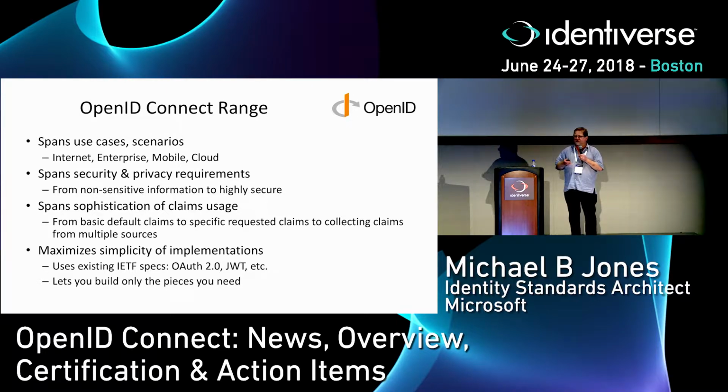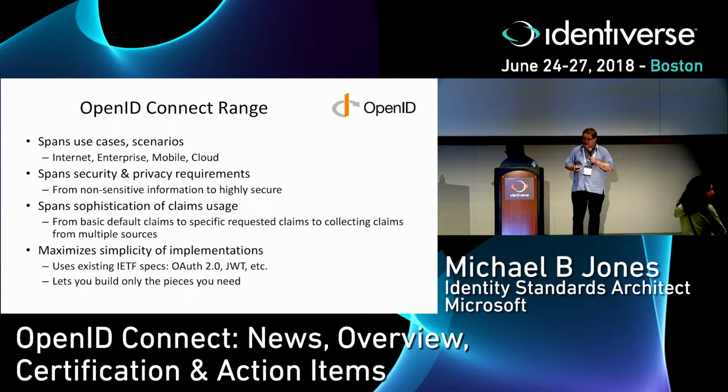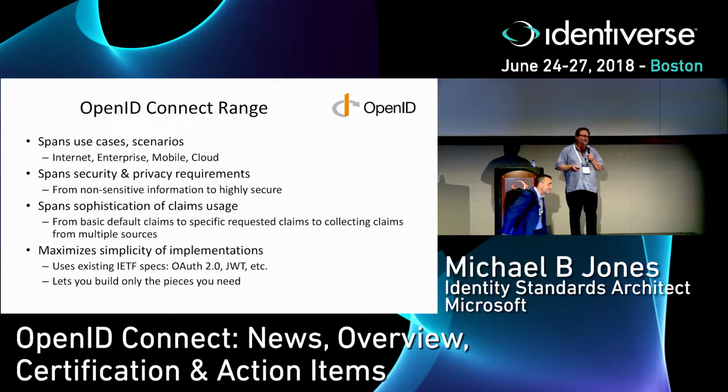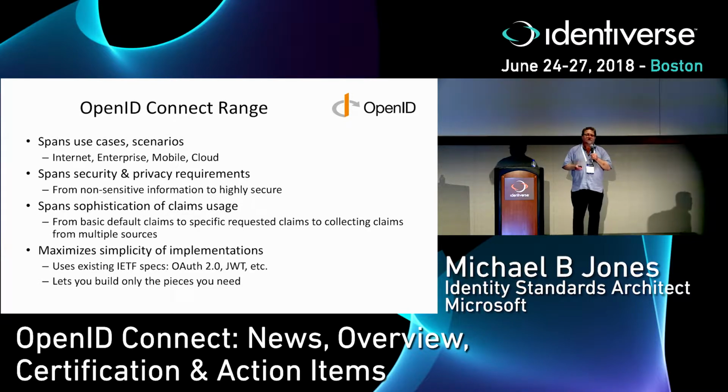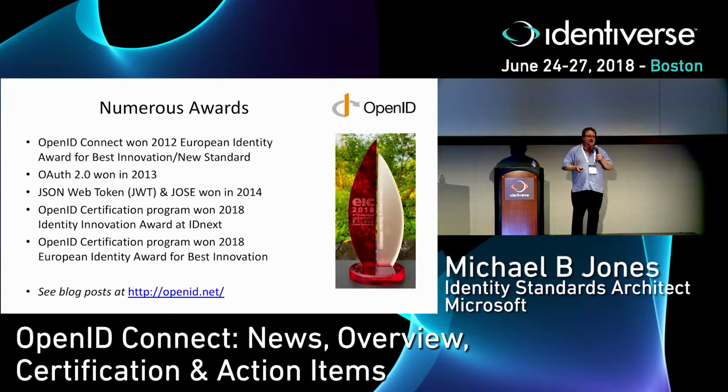We wanted both simple claims and the ability to pull information in from different providers dynamically. And we wanted to keep implementations as simple as possible. We reuse a whole bunch of specs from the IETF, some of which actually were co-built with OpenID Connect, including the JSON Web Token and OAuth 2.0. And you can build only the pieces you need.